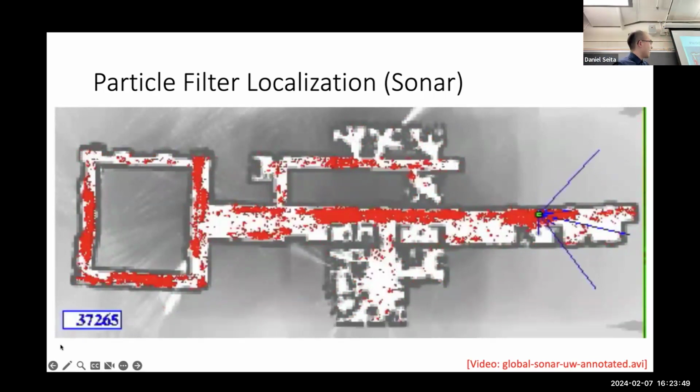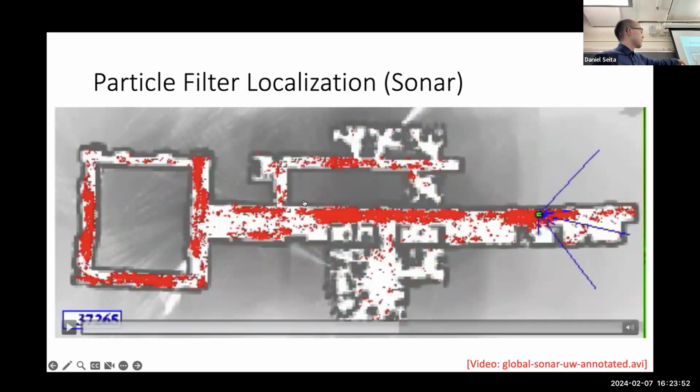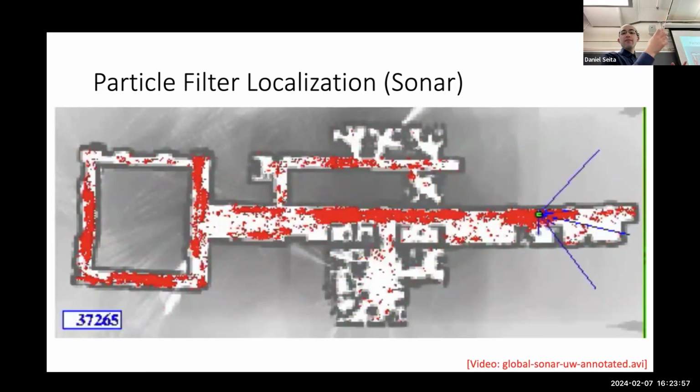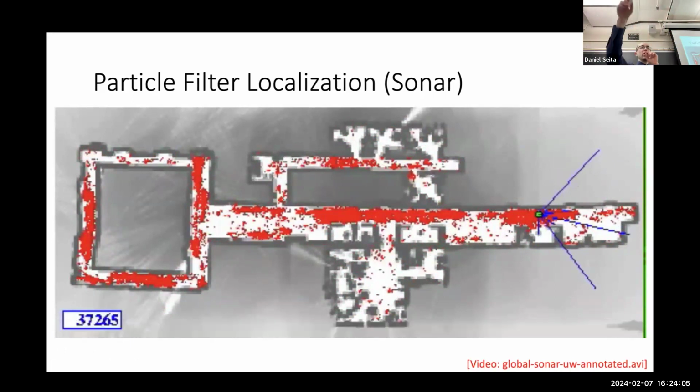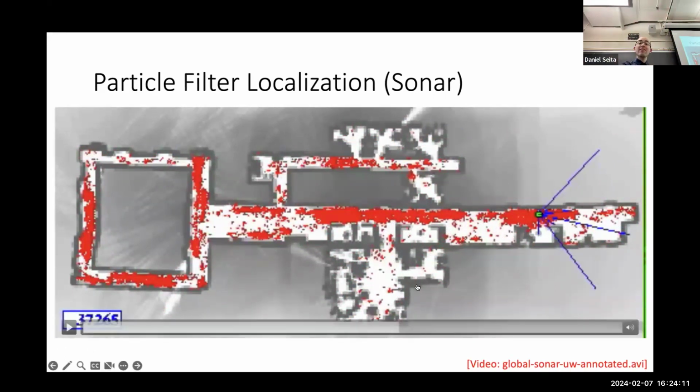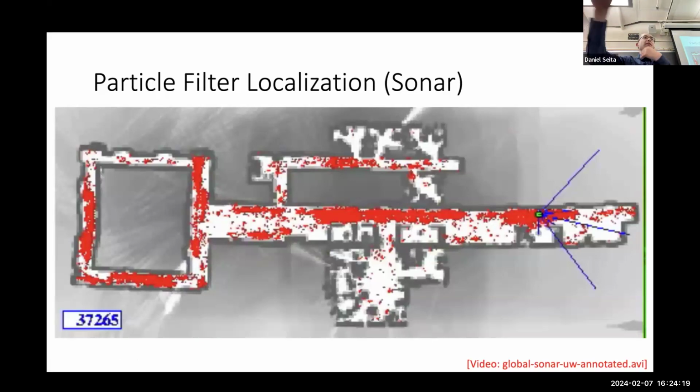As time goes on, you see that the red samples have converged to certain areas of the map. What must have happened is that we have data of the robot moving forward in that long hallway. Because it moves forward and hasn't been blocked, it's more likely that it's not in this bottom region or this top region, because if it was moving forward, it probably would have hit some wall, and the range sensor would have said the distance is maybe 1 meter or 1 millimeter or whatever.